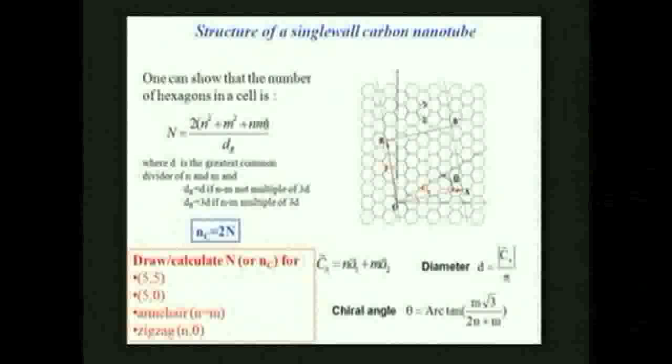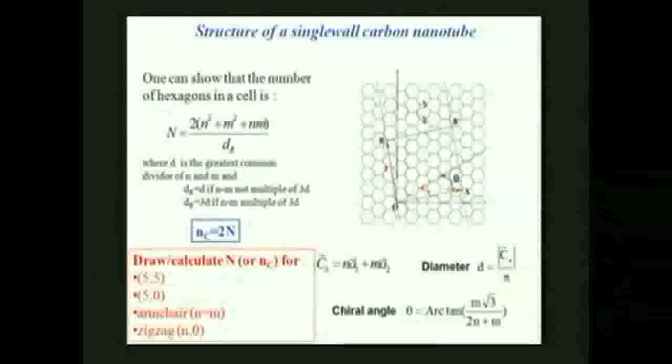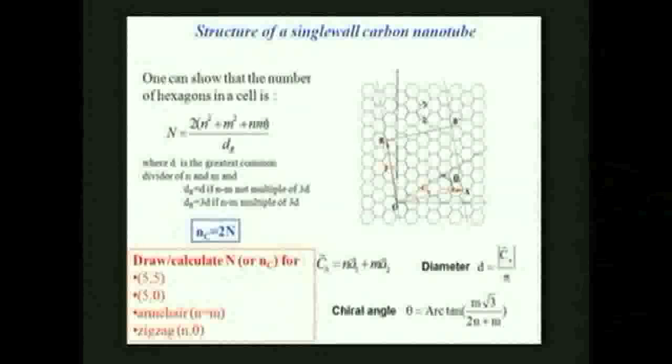So for zigzag nanotubes, you have vectors which are on this line, parallel to a1. And this is called zigzag because when you follow this line, you go one time to the left, one to the right, left, right, and you zigzag along this line. So we will work on these two special classes of nanotubes, armchair and zigzag.